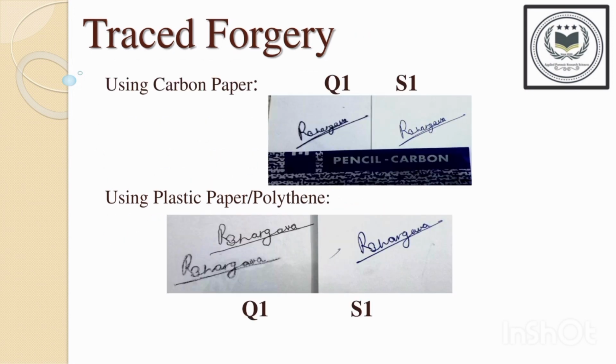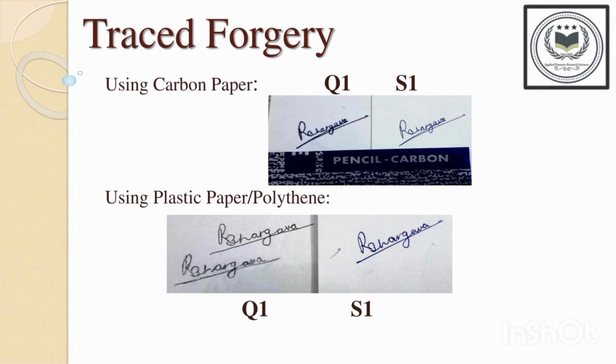In the next slide you can see the first one is using carbon paper. The examiner marks it as forged by seeing some pixels of the carbon paper traced on the main paper, which is forged. In the next one you can see it is by using plastic paper or a polythene sheet.